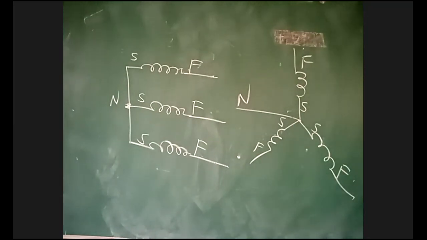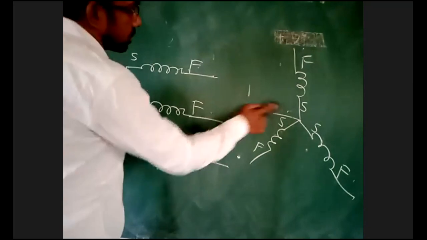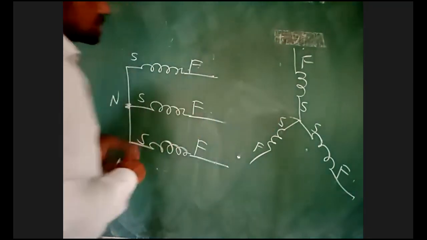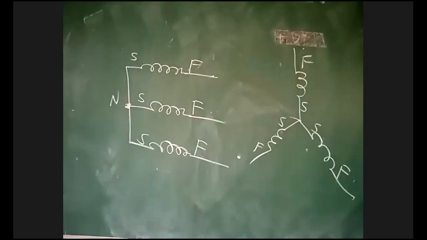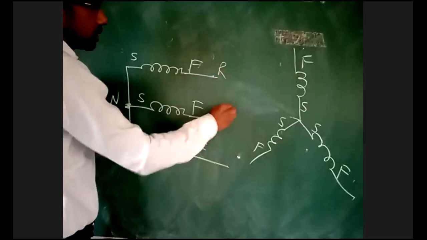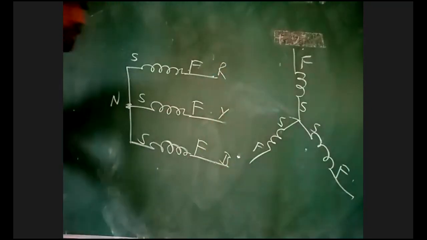I am connecting all the starting points to one terminal that is called the neutral terminal. If you don't want to connect the neutral terminal also, no problem. This is your star connection. Now finishing points are connected to R, Y, B. I am connecting it to 3 phases.